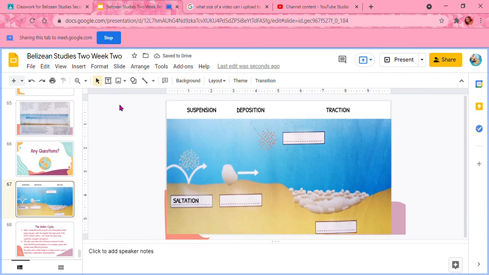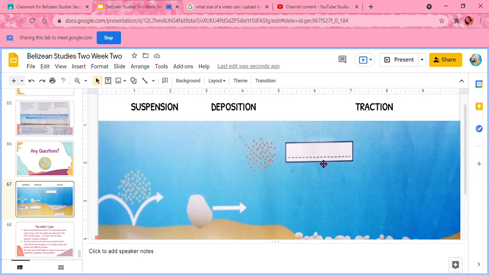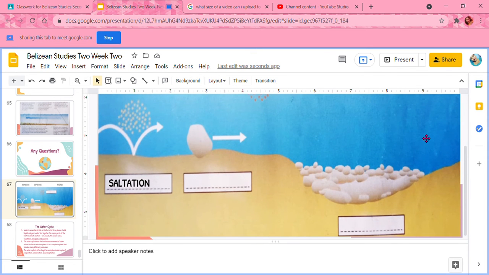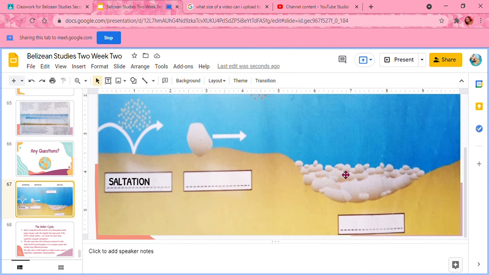Okay. I have the other one. I have a big boulder, and it's showing a forward moving, so that boulder is rolling. What do we call when something is rolling? Suspension, deposition, or traction? Anybody?